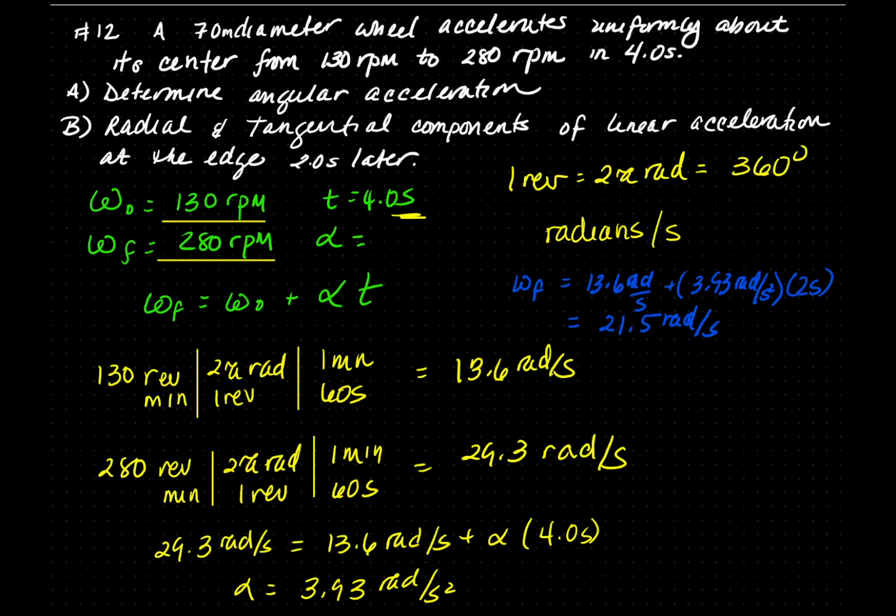So they want the tangential and the radial. Another word for radial is centripetal acceleration. So centripetal acceleration, which is a sub R, is equal to omega squared times R. What is my omega? 21.5 rads per second.